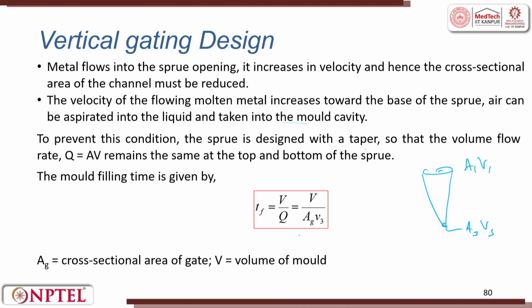The time for filling is nothing but V by Q. Q is the flow rate. So, flow rate is given by the velocity times area, right. Ag is the cross section area of the gating system, the velocity is V3 at the end of the sprue, V is the volume of the mold. So, we can find the mold filling time for a vertical gating system is going to be this.